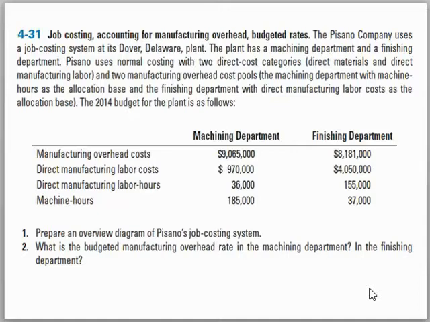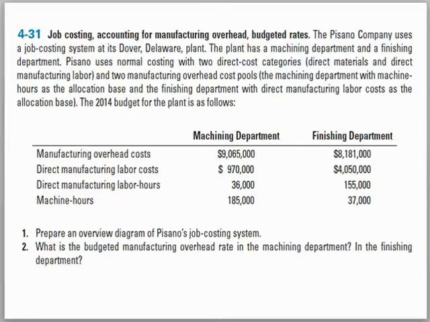Problem 4-31. Job costing: accounting for manufacturing overhead, budgeted rates. The Pisano company uses a job costing system at its Dover, Delaware plant. The plant has a machining department and a finishing department.